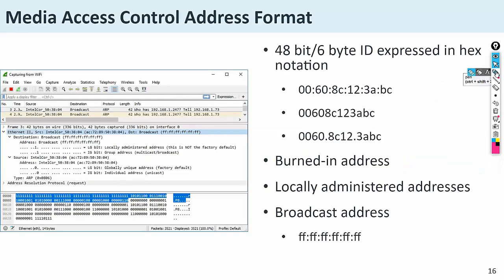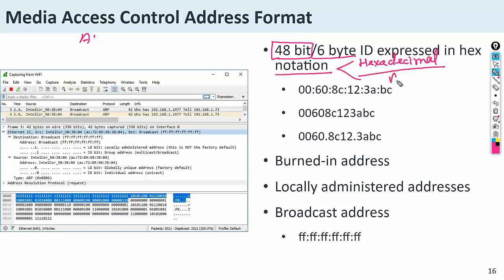If we talk about the media access control or MAC address, the MAC address is 48 bits, or 6 bytes in size. It is written in hexadecimal notation. I think all of you know about hexadecimal values, 0 to 9 and then A to F. F is the final value.